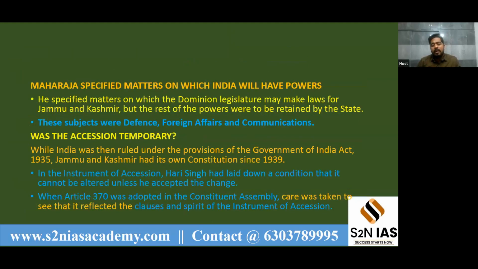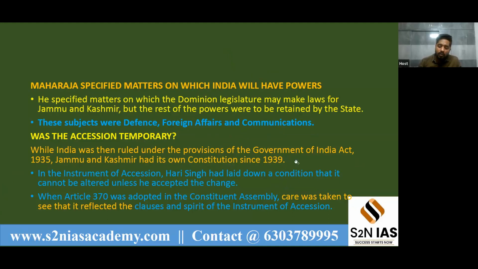The Maharaja specified the matters on which India will have the powers: defense, foreign affairs, and communications. Only three things he wanted to surrender to the Government of India, and the rest of the things he wanted to keep with Jammu and Kashmir. While India was then ruled under the provisions of the Government of India Act 1935, Jammu and Kashmir had its own constitution since 1939.